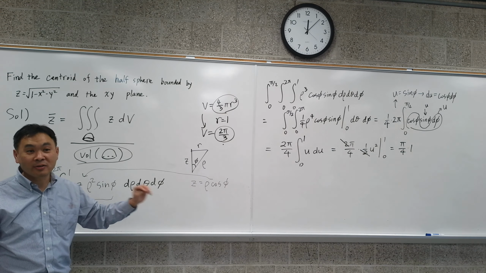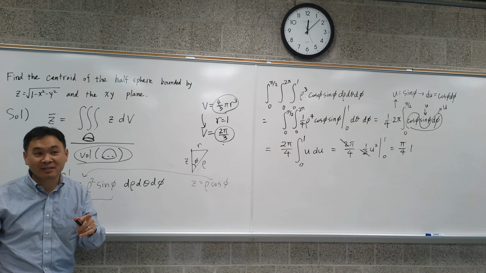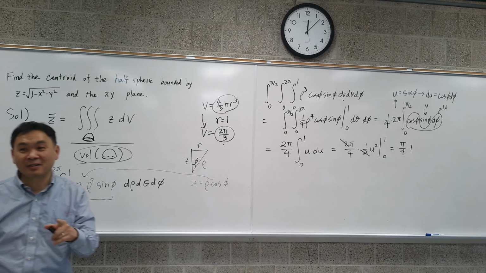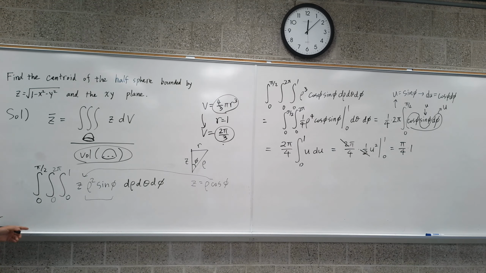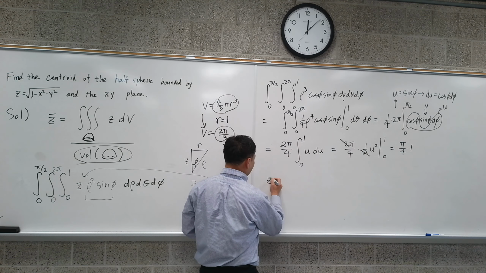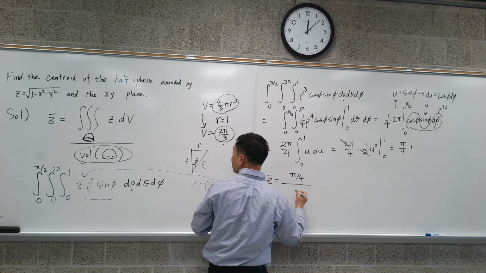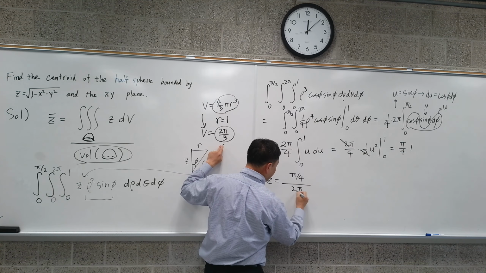Is that the centroid? No. This is the numerator. It's divide by this. So you see the average z value is pi over 4 divided by 2 pi over 3.